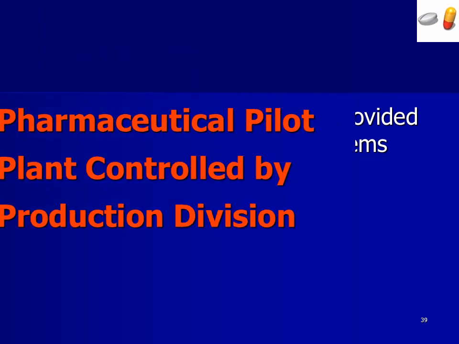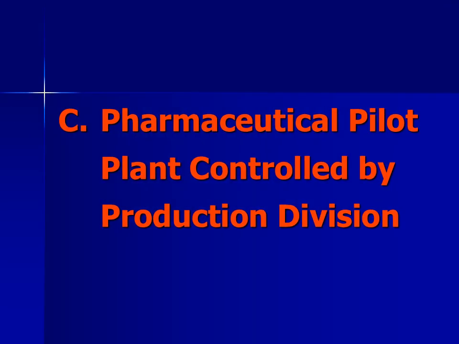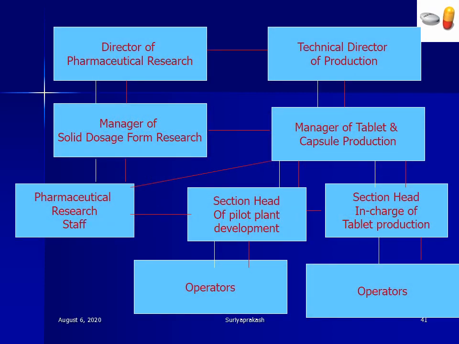Let us see the third one, controlled by the production division. The first one was the research pharmacist, the second one the R&D department. Now this scale up pilot plant work is controlled by the production department. On the left side we already saw director R&D, manager R&D.